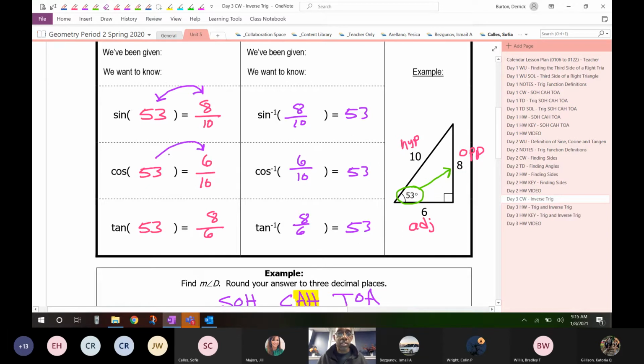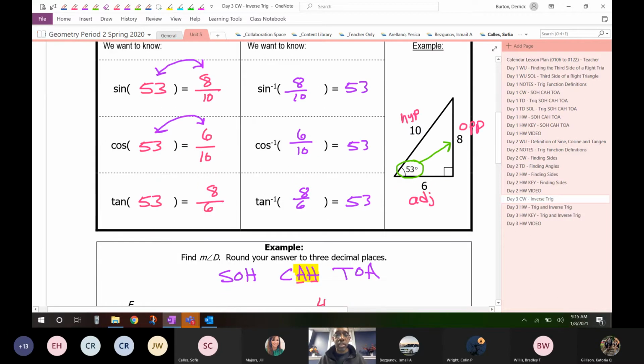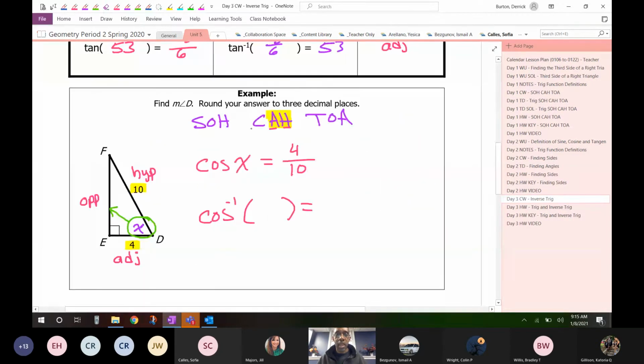So if I want to do the inverse cosine, that means the x and the 4 over 10 are going to trade places. So the inverse cosine of 4 over 10 is going to equal x. That is a clever way of getting x by itself. This is how we can solve for an angle.